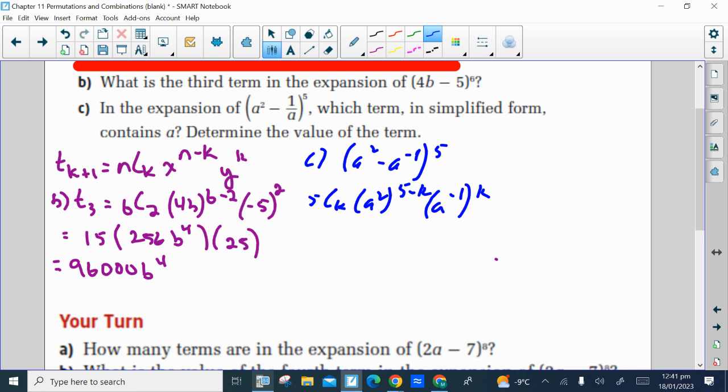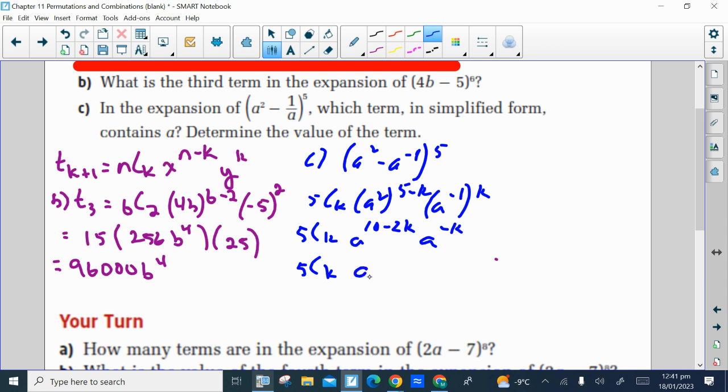We can simplify this. So first, the a squared to the 5 minus k, I can multiply those exponents out and get 10 take away 2k. And then I can multiply the exponents on a to the negative 1 to the power k by, again, multiplying the negative 1 by k. And now I can combine those two a factors. You're multiplying powers with the same base.